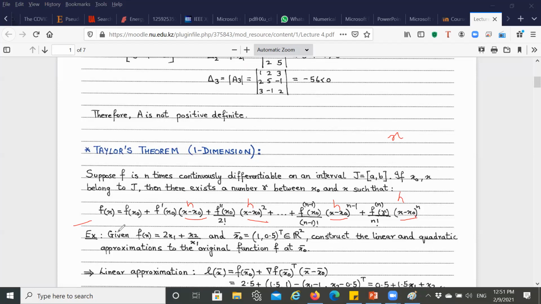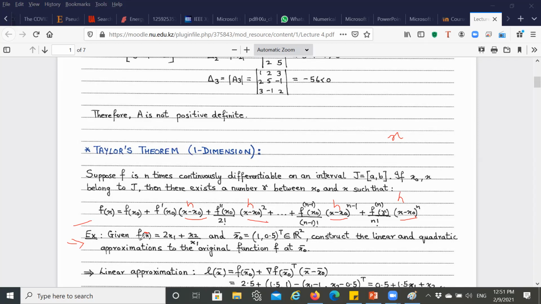For example, if you take a look at this example over here, I've given you a function. Everywhere in my notes, if you see an x bar, it means that this x is a vector. It's not a scalar variable, not a univariate variable. It's multivariate, so x actually has two components, x1 and x2.